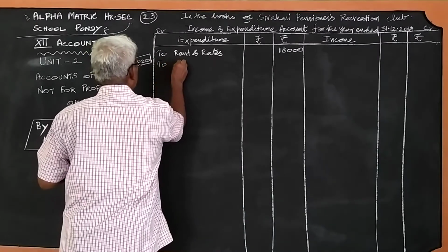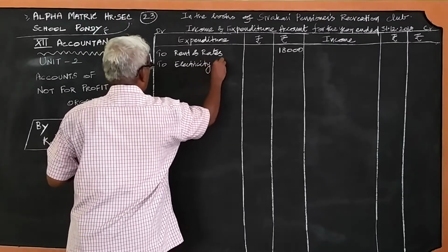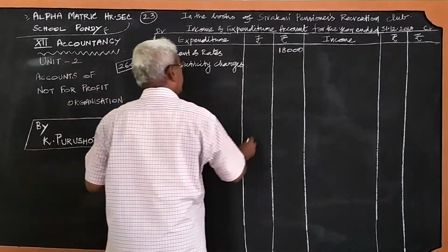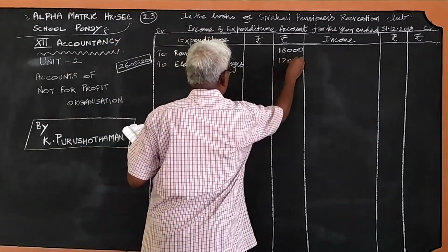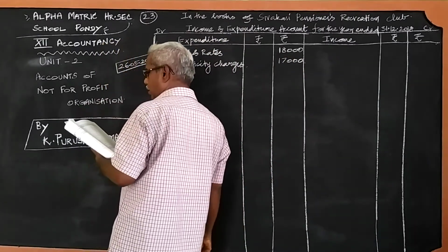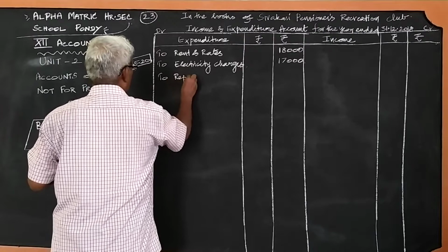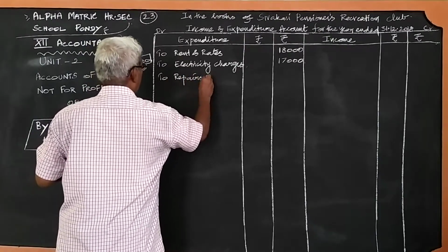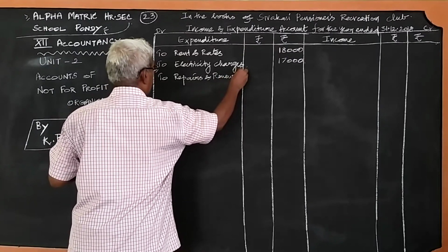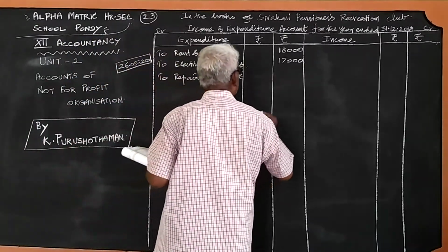This is expenditure, to electricity charges, 17,000. Then the next item, to repairs and renewals, 16,000.